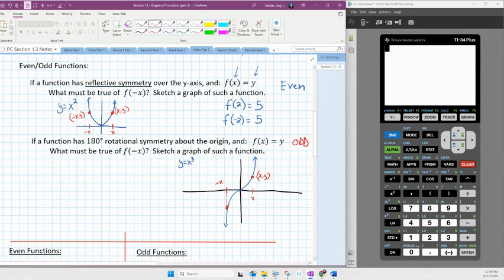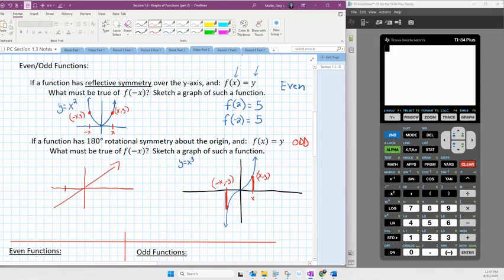Well, if it's symmetric, then the distance here and the distance here should be the same. There just happen to be opposites. Same height as this one, just in the negative instead. So that is what an odd function is. The line y equals x would also be odd, right?